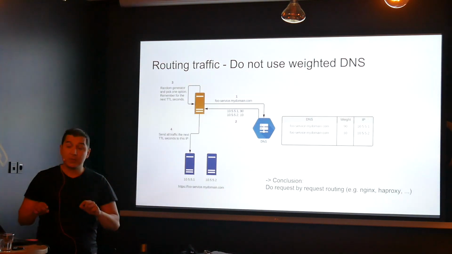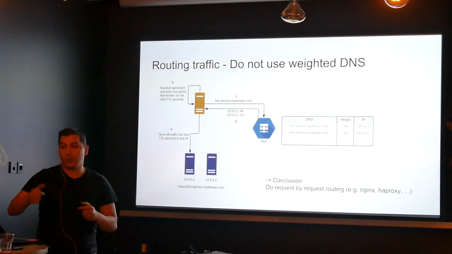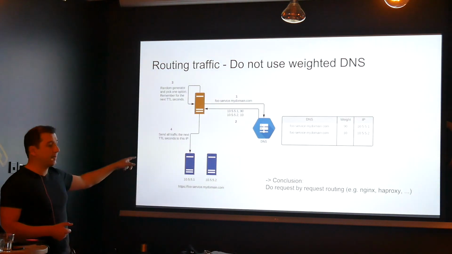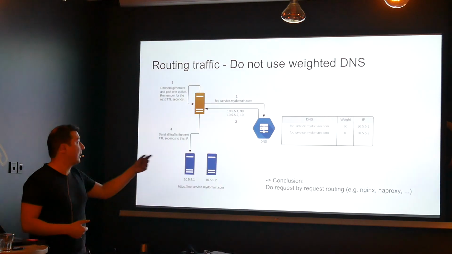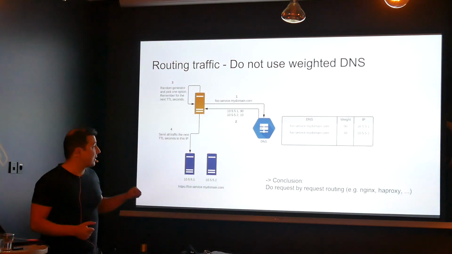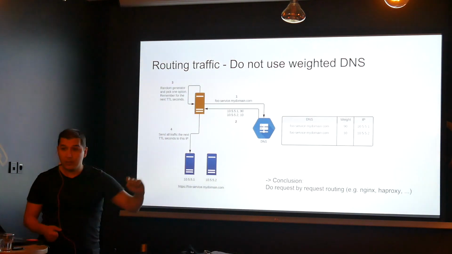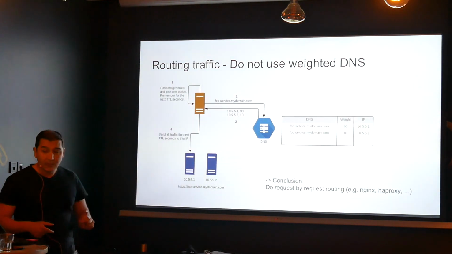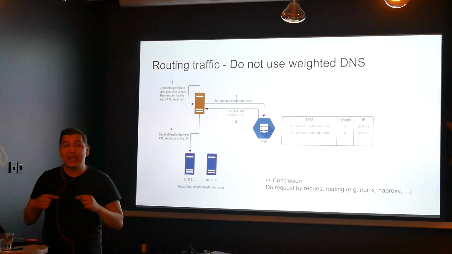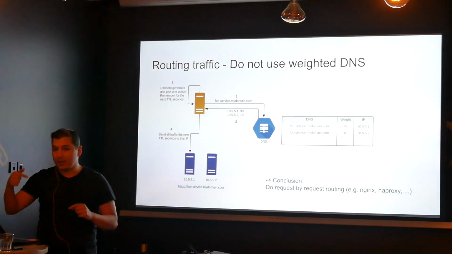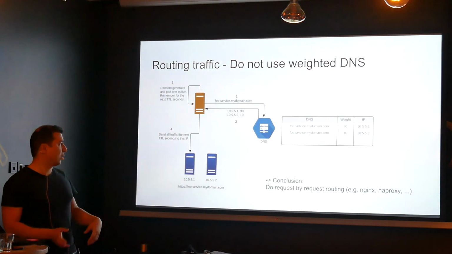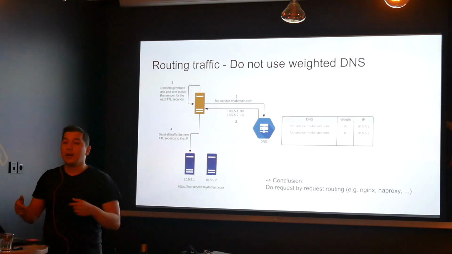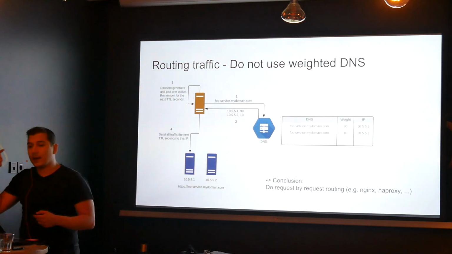Now the client chooses one of these with the probability of the weight. In this case I have 90 and 10. So he would choose with a 90% chance the first IP, which would be 10.5.5.1, or with a 10% chance 10.5.5.2. What he does now is keep the IP he chose, let's say the first one because it's more probable, in mind until the TTL expires.